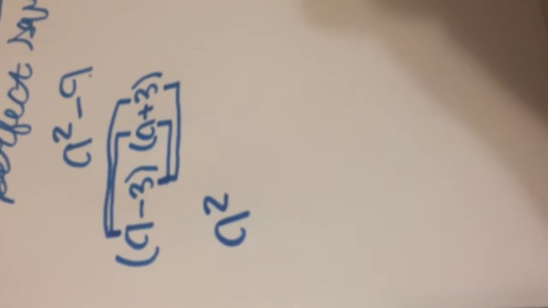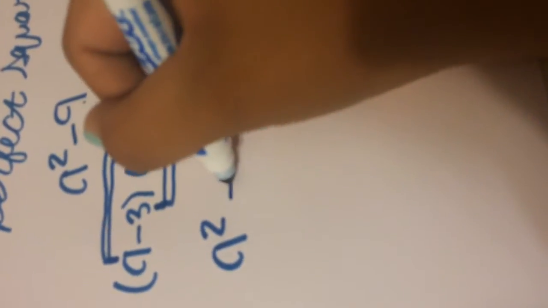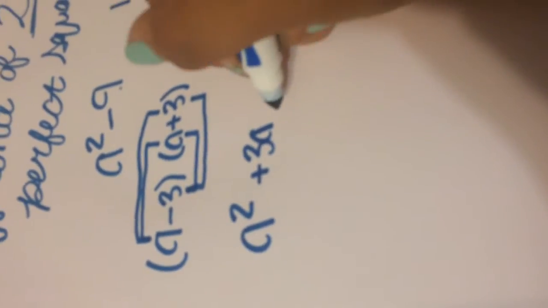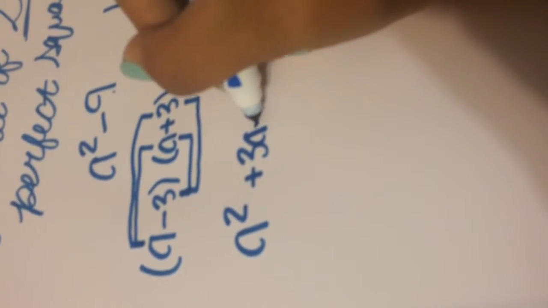So there you do that, and that, and a times a is a squared. Then you have a and positive 3, so that's 3a. Then you go down here, and that's negative 3a.